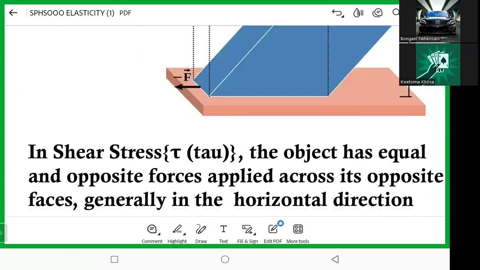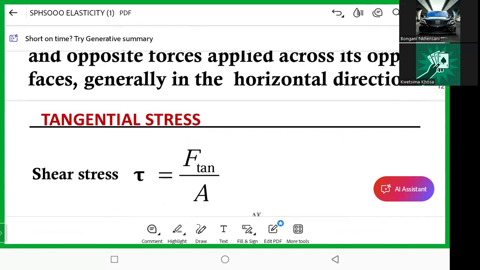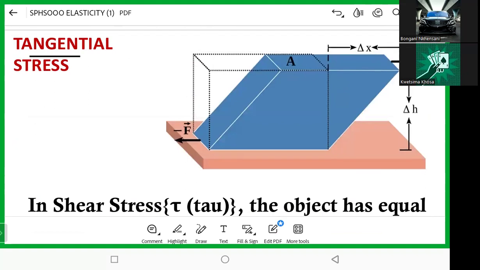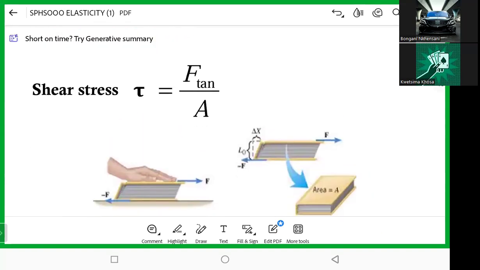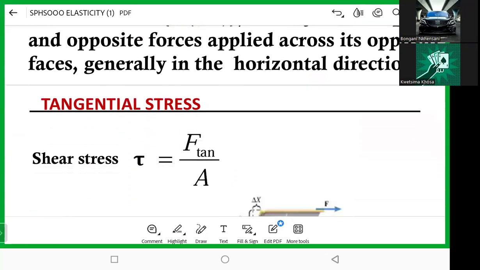Then we have what we call tangential stress. So with tangential stress, the only thing that's going to change is what? We're going to have a change in the height of our object. So let's see how the formula is like.